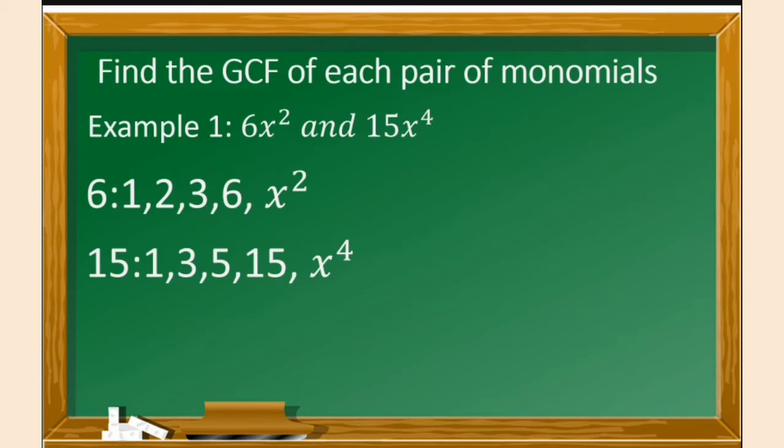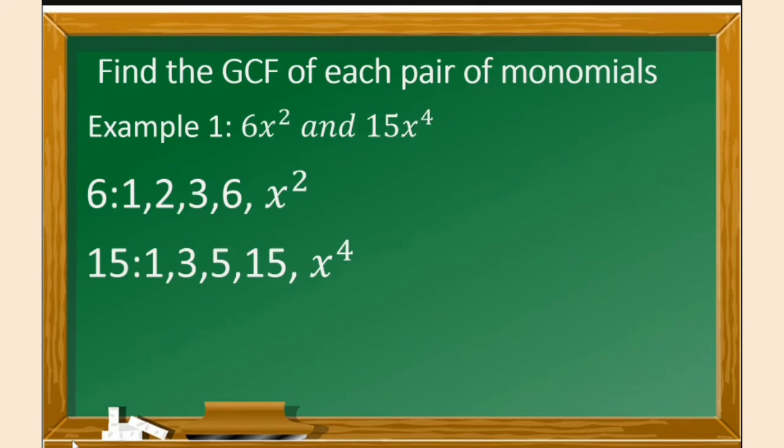Possible, because 15 divided by 5 is 3. How about 6? 6, 7, 8 are no longer possible. So the last is 15. Now, what is the variable of our 15x raised to 4? x raised to 4, so bring down x raised to 4.